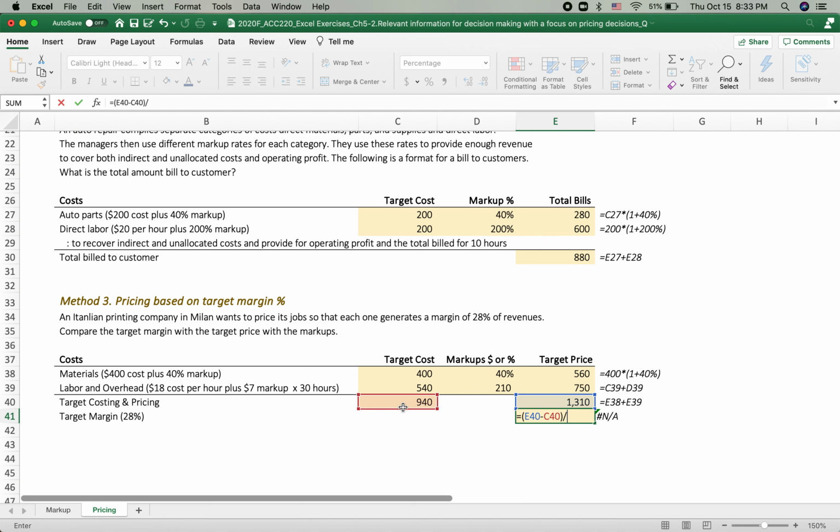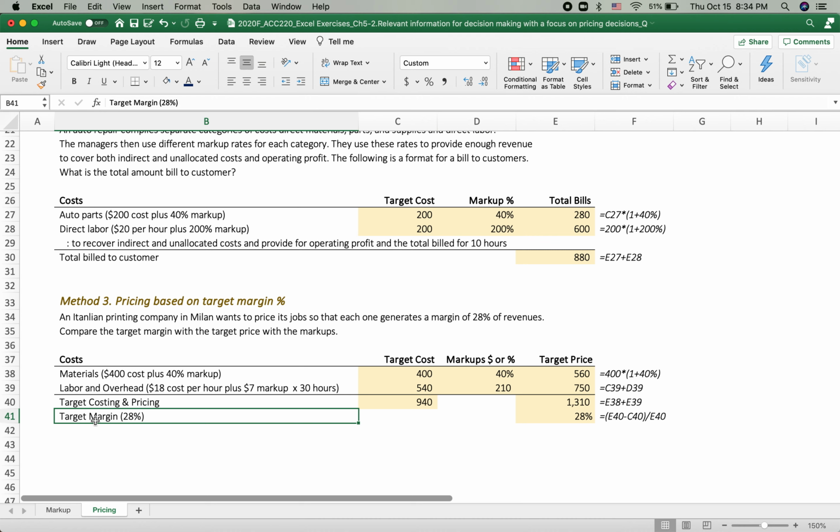It is a different way. You have to be careful. We are not calculating the markup. We are calculating the target margin. When you calculate gross margin, it is a percentage of sales. That's correct. So we are using this 1,310, the target price, the sales. So we got 28%, exactly the same as the estimated target margin, 28%.